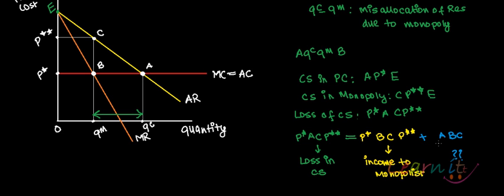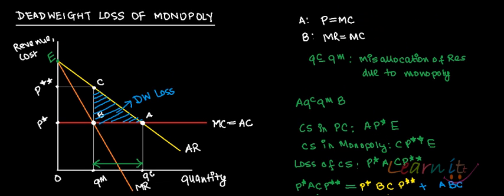Because of the loss of this part, nobody is benefiting, neither consumer nor monopolist, and you call this part deadweight loss. This part is given to no one, and you call this entire part deadweight loss. Clear? Okay.